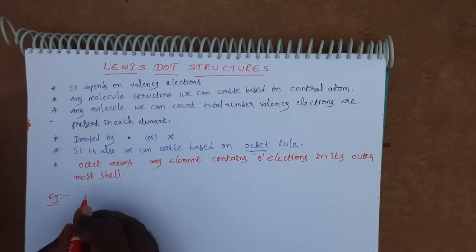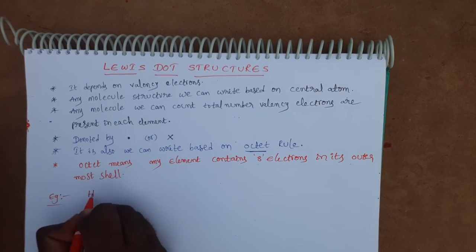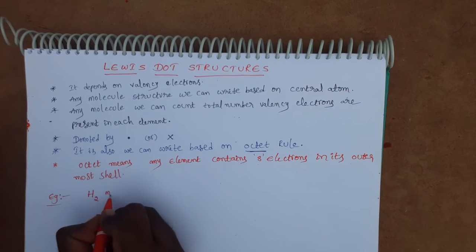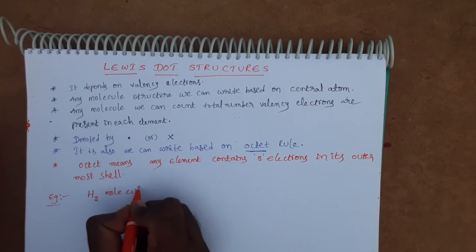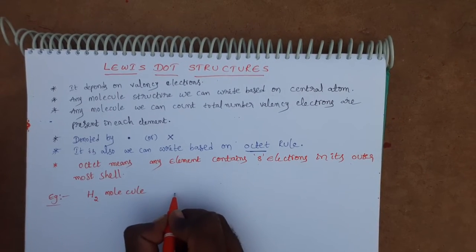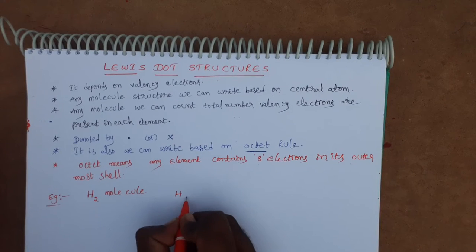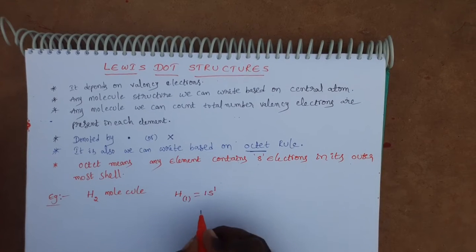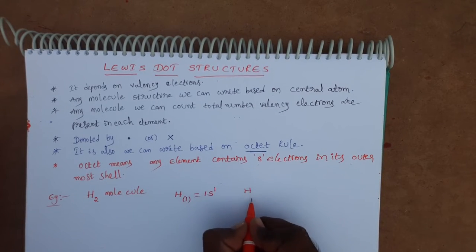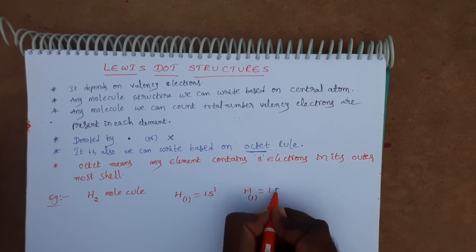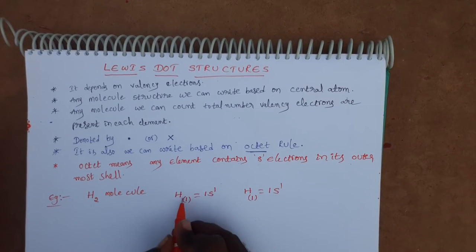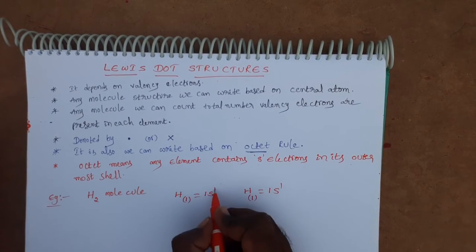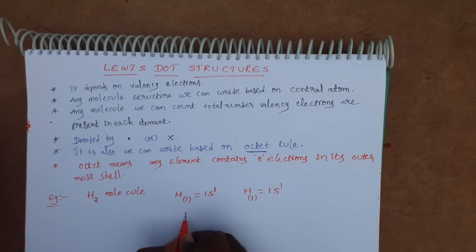The Lewis dot structure for the H2 molecule. See, children, here hydrogen atomic number is 1 and its electron configuration is 1s1, and another hydrogen atom also has atomic number 1 and electron configuration 1s1. It contains how many electrons in its valence shell? Only 1 electron, that is H dot.